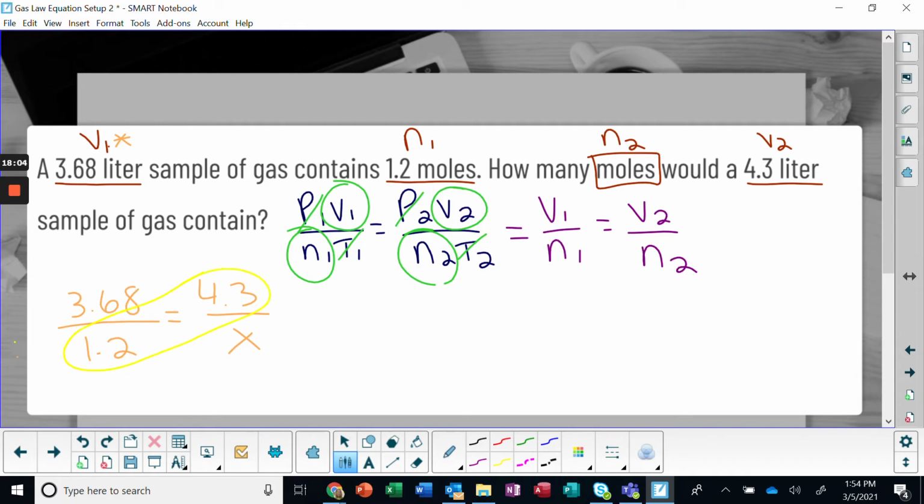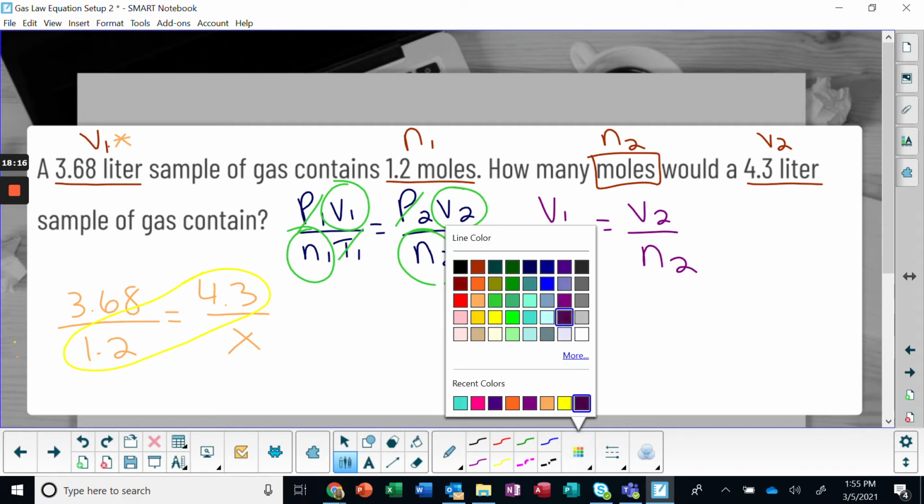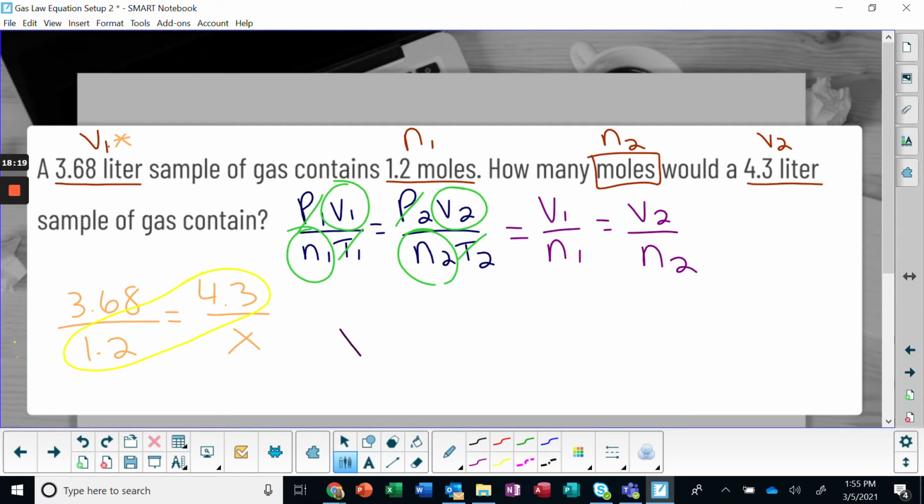Butterfly it, cross multiply and divide to solve for X. And we get X equals 1.4, and we were looking for moles, so moles.